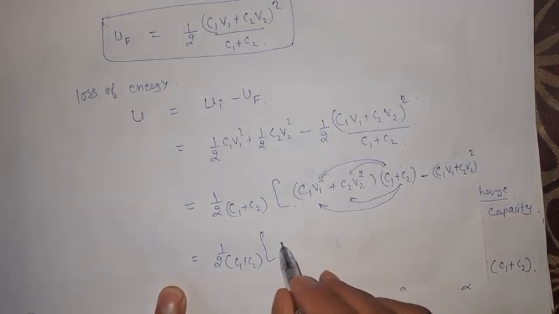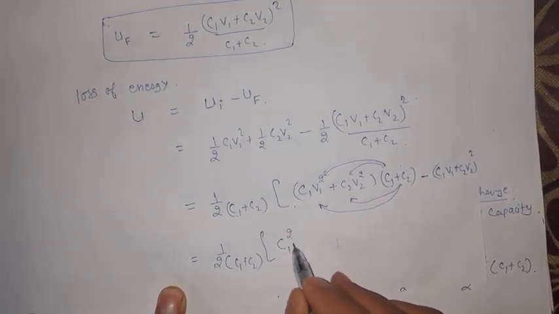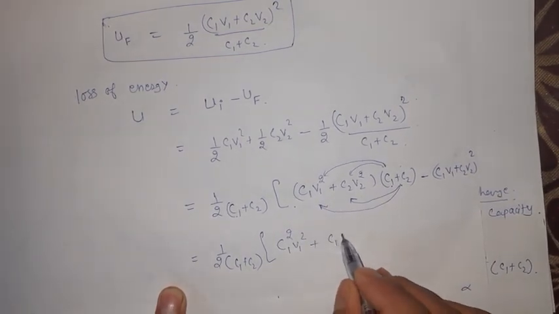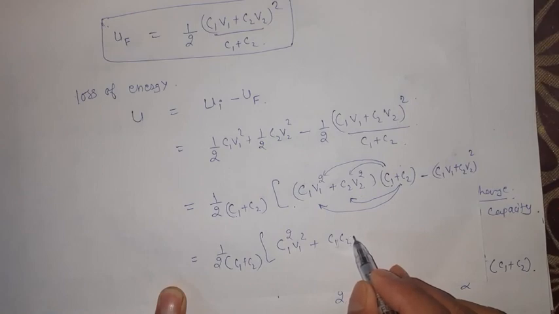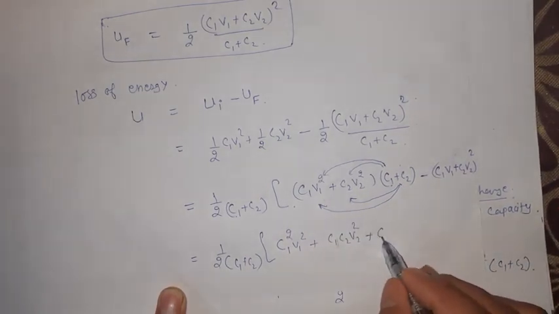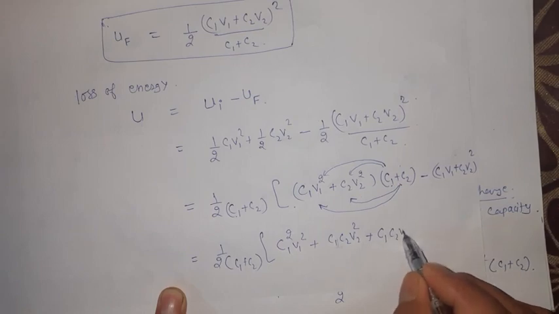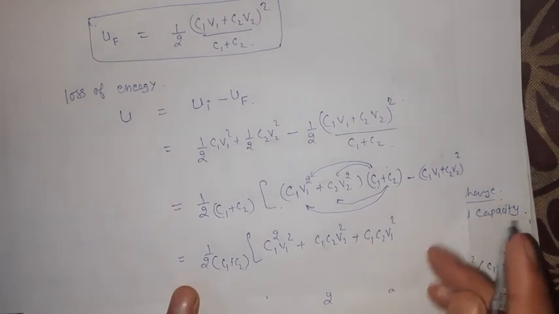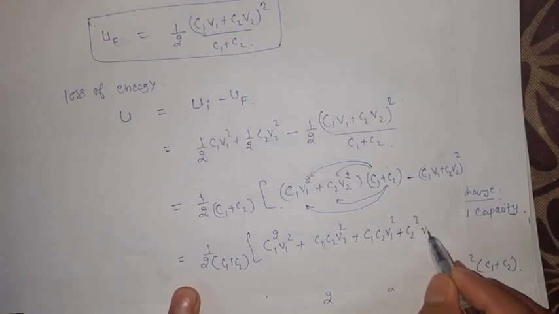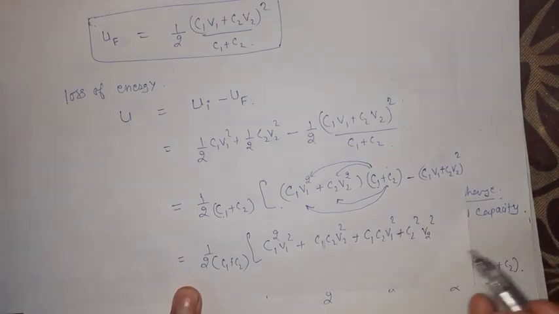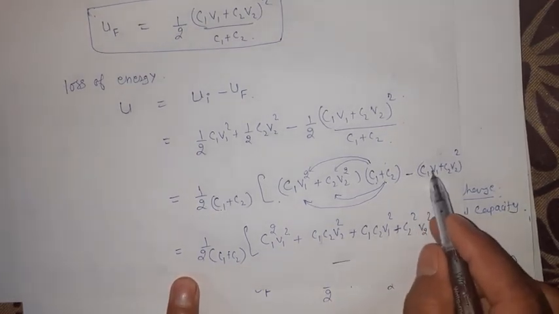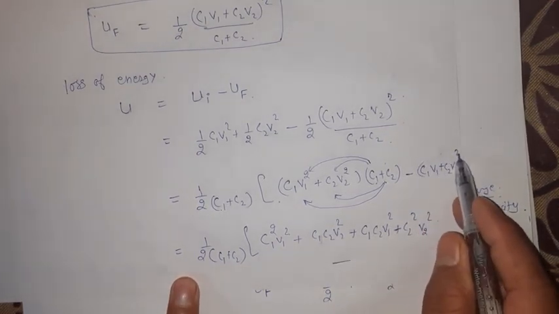Then I can have c1 squared v1 squared when c1 multiplies inside, and c1 c2 v2 squared, and plus c2 will come over here, c1 c2 v1 squared, and plus c2 squared v2 squared. And the second thing, we put a negative sign over here, and it is (a plus b) whole squared.